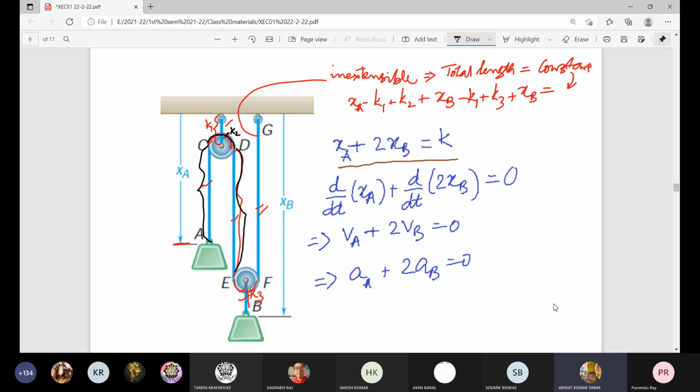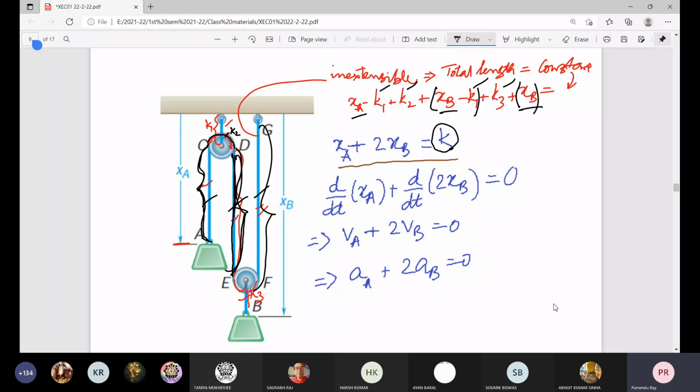Sir, XB has come again, right? Yes, it will come. In this, XB will come once, XB minus K1 comes once, and in the second, XB. This part plus this part plus this part, that is the total length. Okay, in this there is one XA, in this there is one XB, in this there is one XB, so XB will come twice, XA once. And if we arrange all these constants clubbed together, minus K1 plus K2 minus K1 plus K3, etc., it is equivalent to some other constant.